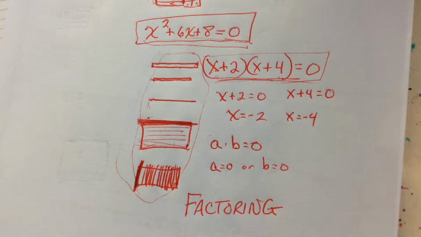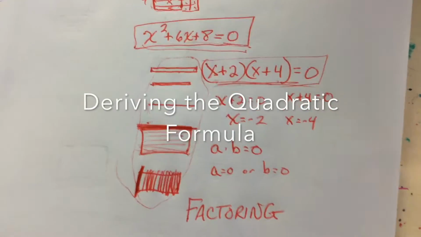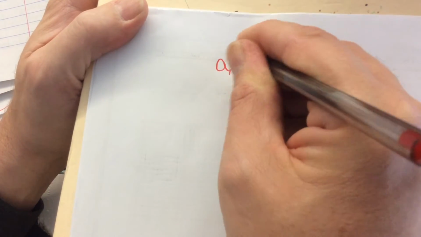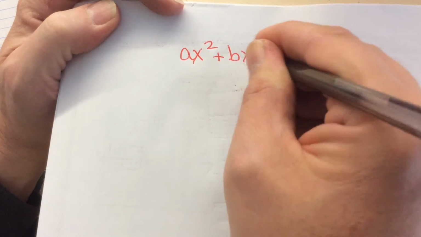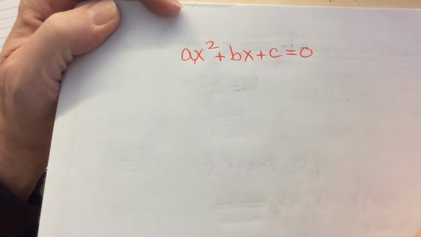Okay. Now let's just take this one step further. Remember we said that if you had an equation that looked like this, this is a quadratic equation in standard form, right?